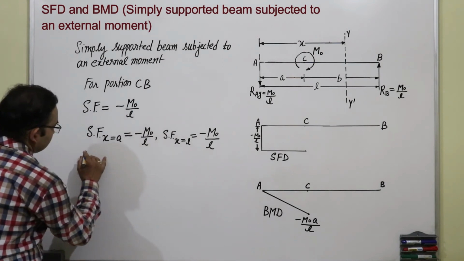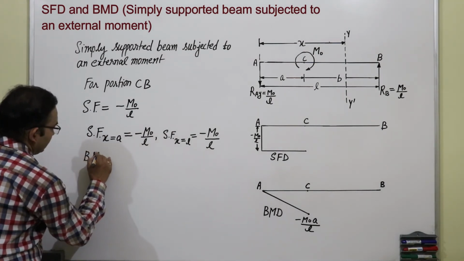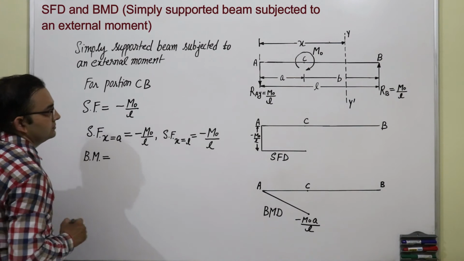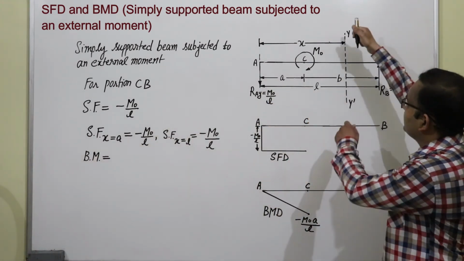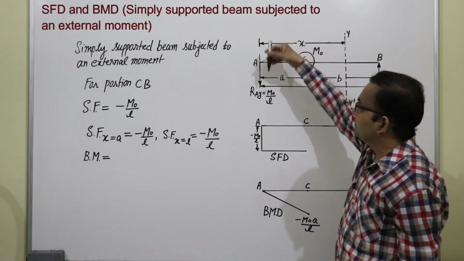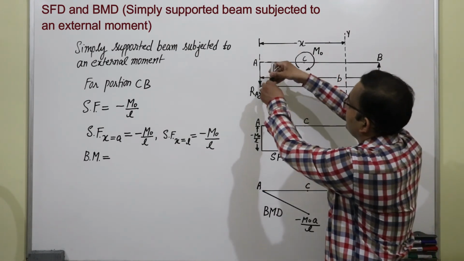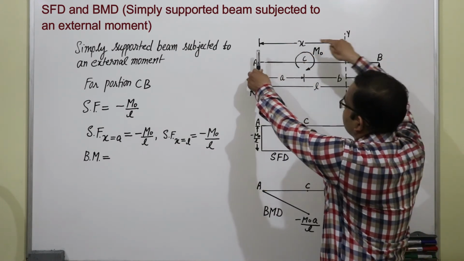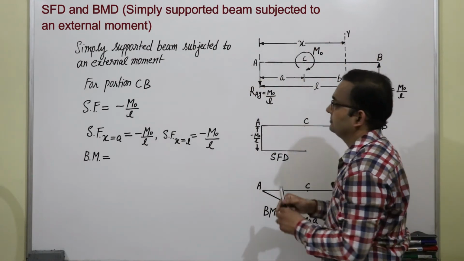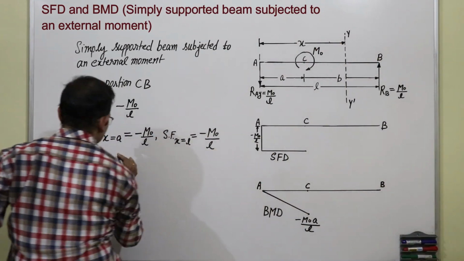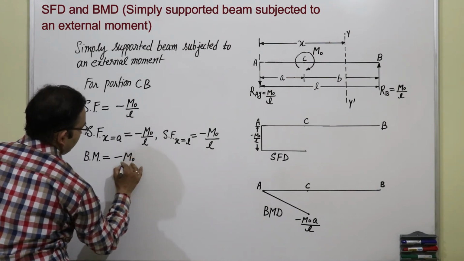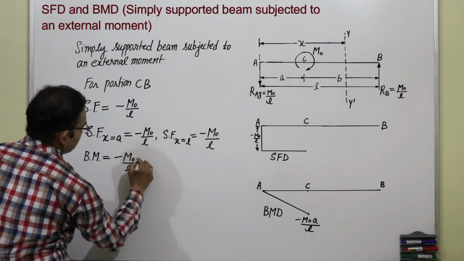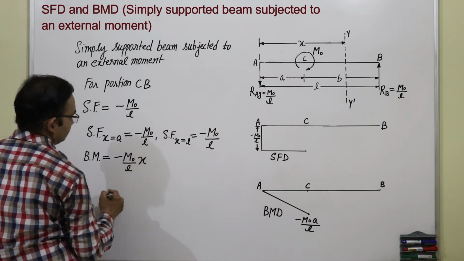Bending moment equal to force into perpendicular distance. So this is the section, this is force which is downward, force into perpendicular distance, x is the distance, minus m0 upon L into x.